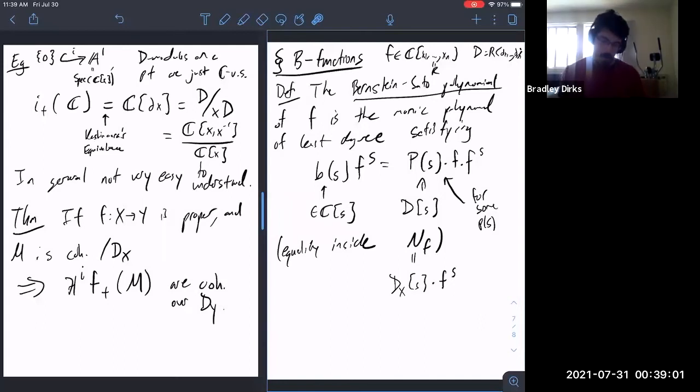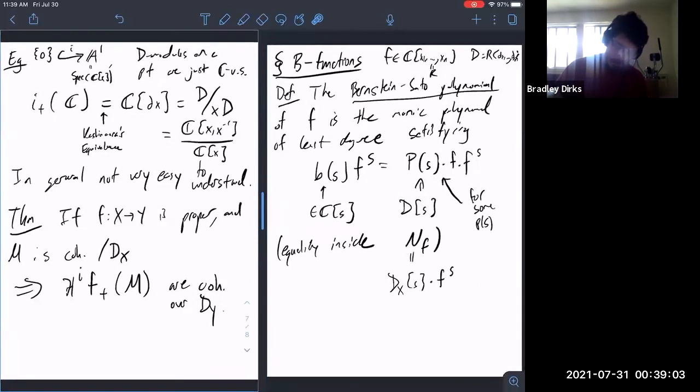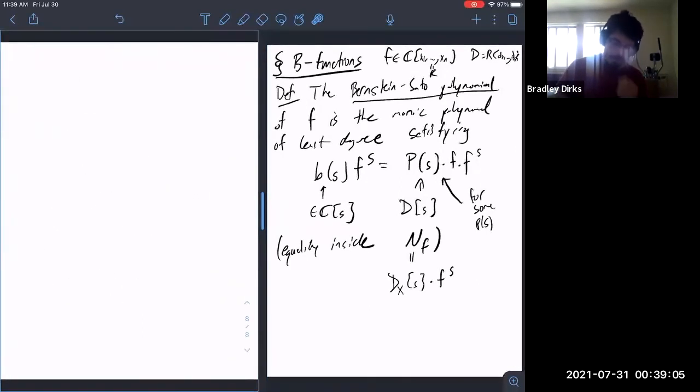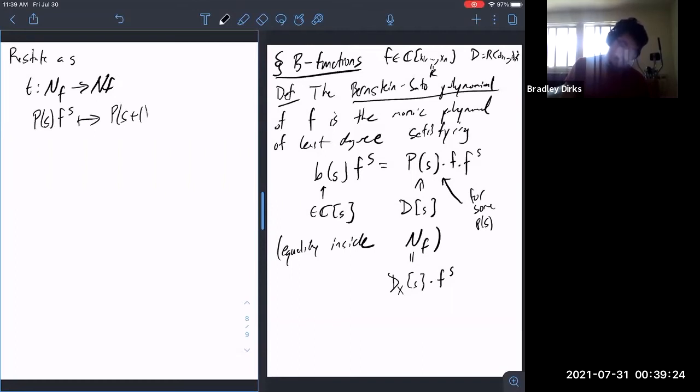Okay. But we can give a restatement in some D-module terms. We have this operator T from NF to NF, which sends something of the form P(s) f^s to P(s+1) f times f^s.